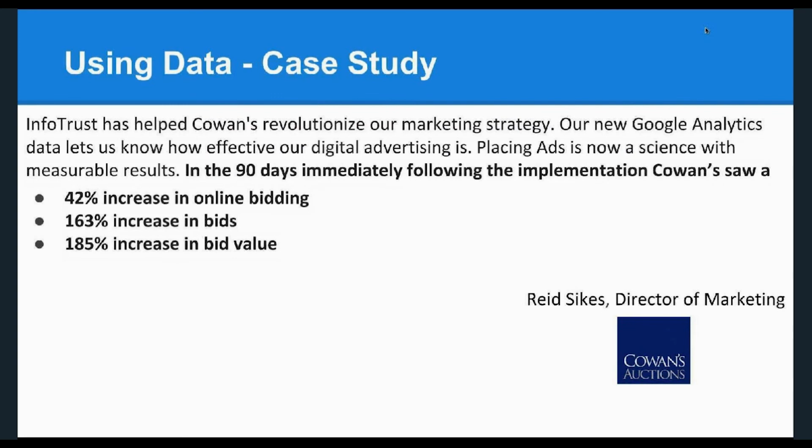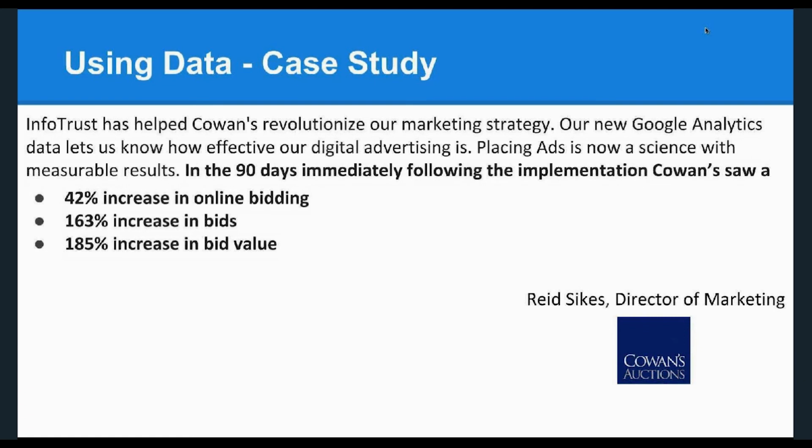And to showcase again how this can be done and the importance of integrating platforms together, we put together this case study from one of the organizations that we worked with, an online auction house, where we integrated their email platform and their online bidding platform with Google Analytics.